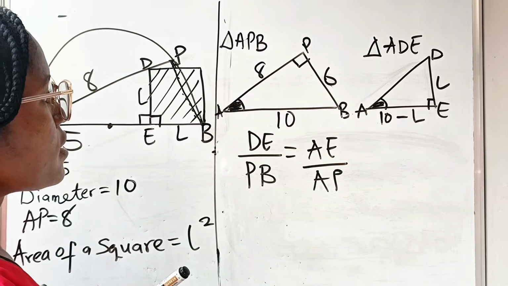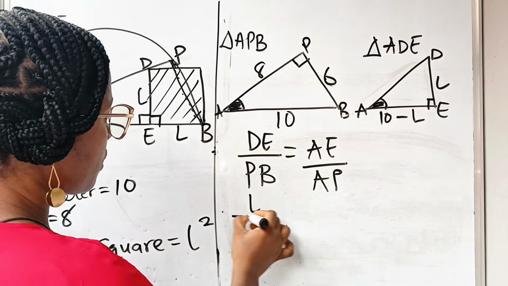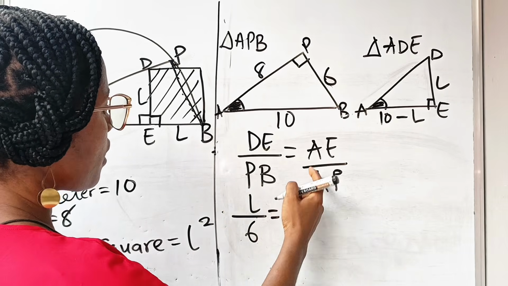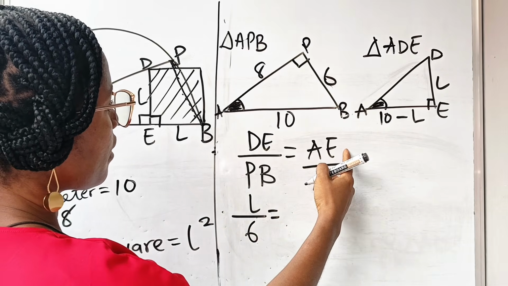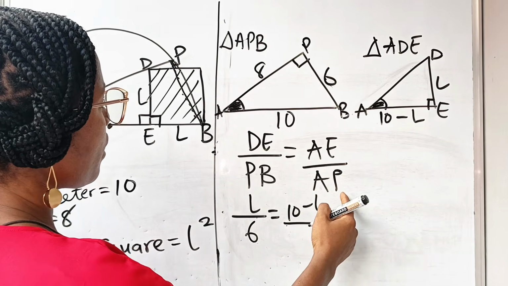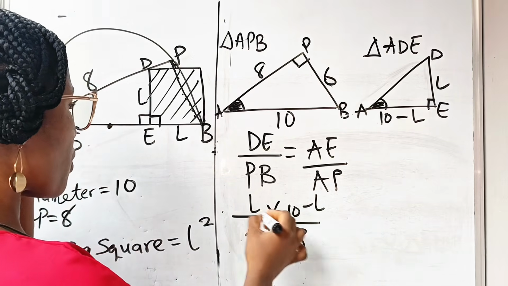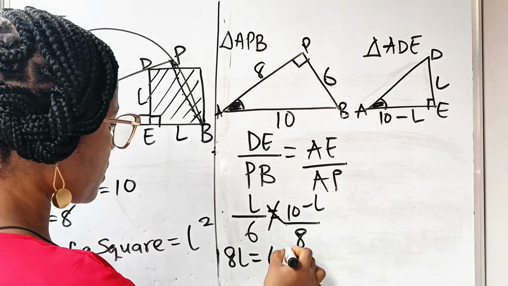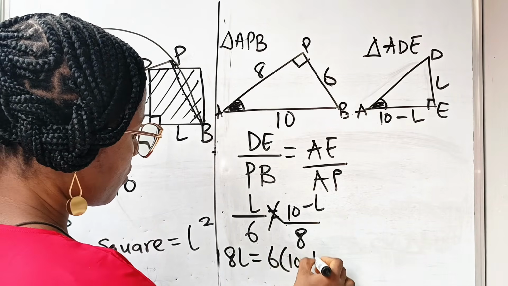So DE is L, PB is 6, AE is 10 minus L, and AP is 8. If we cross multiply, we have 8L is equal to 6 brackets 10 minus L.